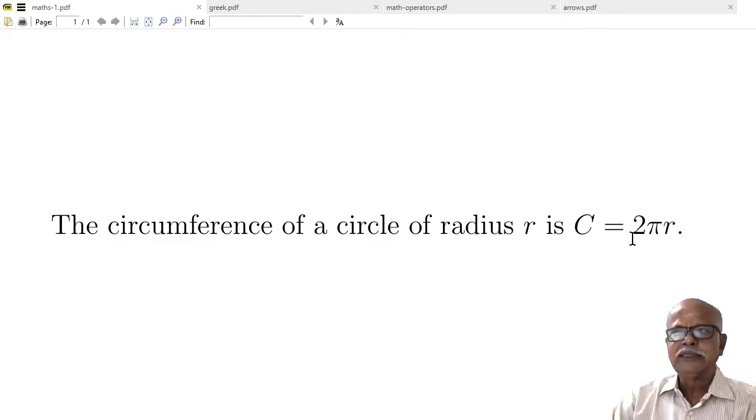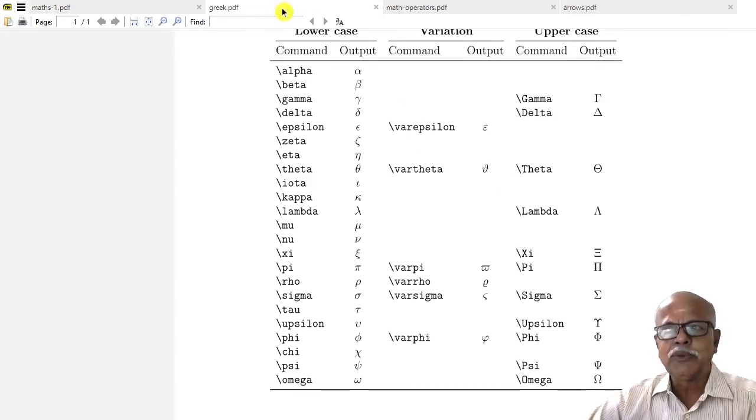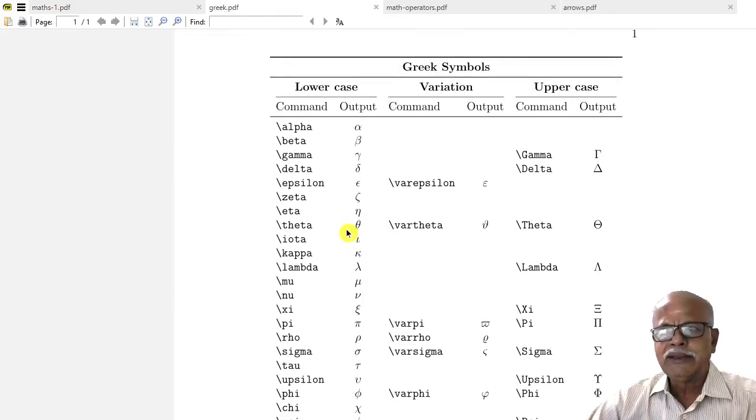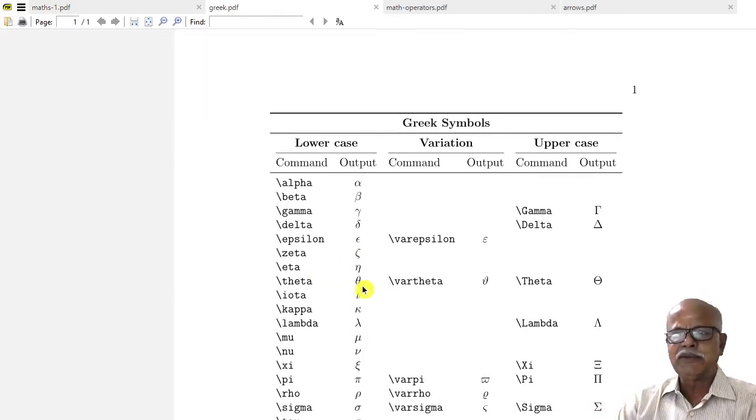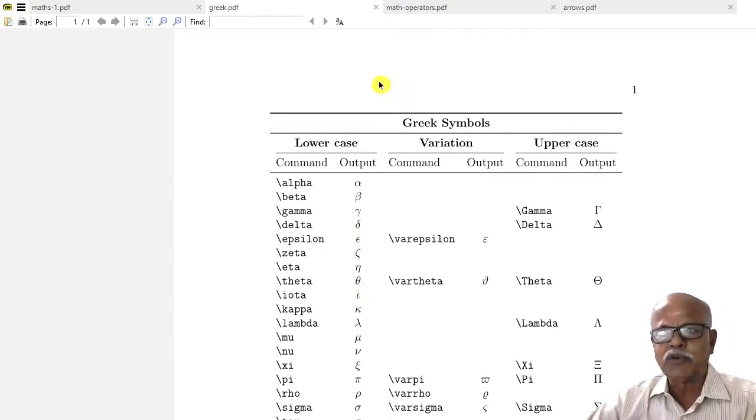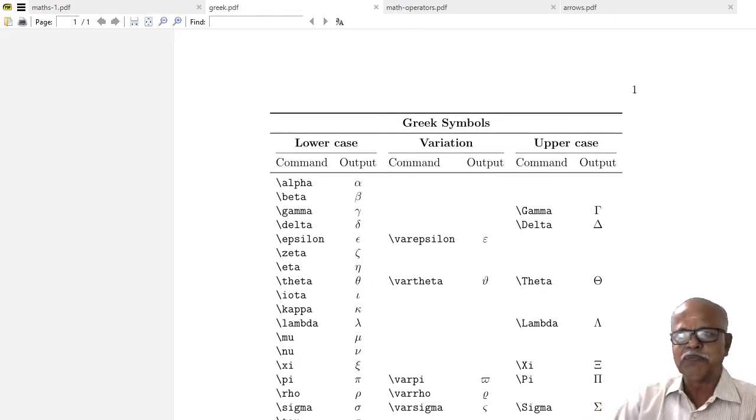Now, similarly, if you want to type alpha, all that you have to do is \alpha in the editor. On compilation, you will get the Greek letter alpha. Similarly for beta, etc. Now, here we have a list of all Greek symbols, alpha, beta, gamma, etc. And the corresponding outputs are given in the second column.